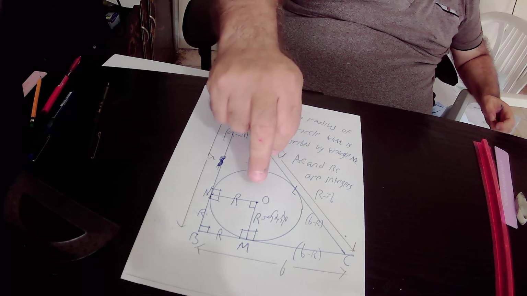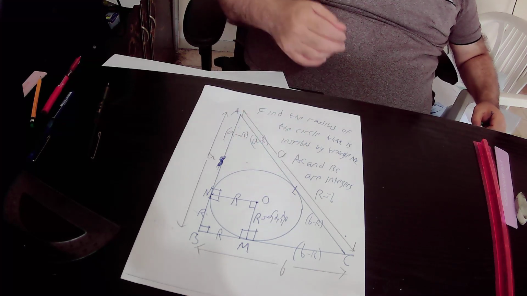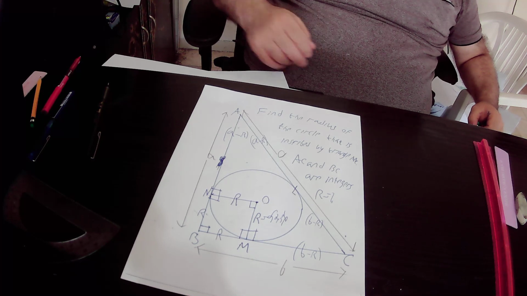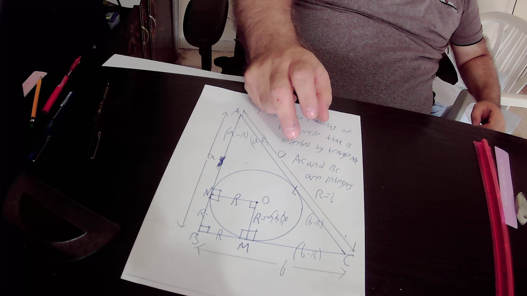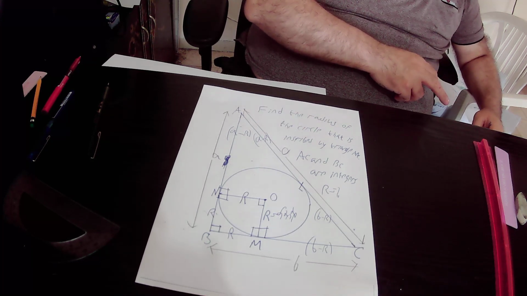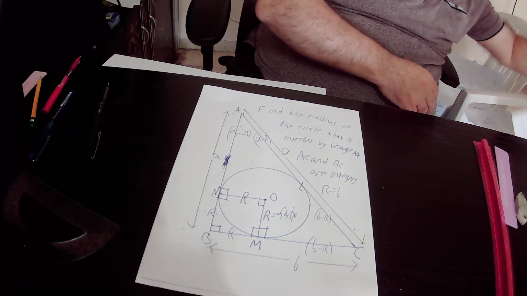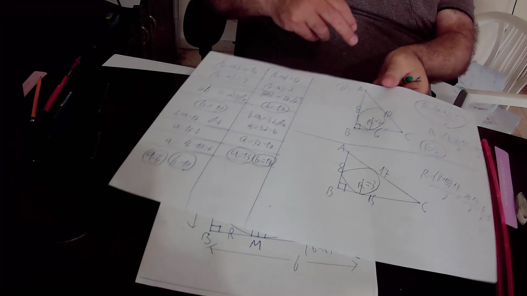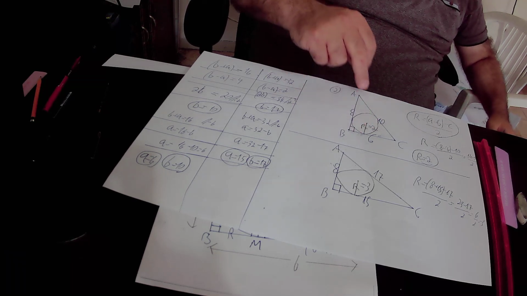We'll find out the radius of this circle. In this way we'll get a formula that is true for any triangle, and we'll use this formula in order to find out the radii of those two circles that are inscribed in those two right triangles.